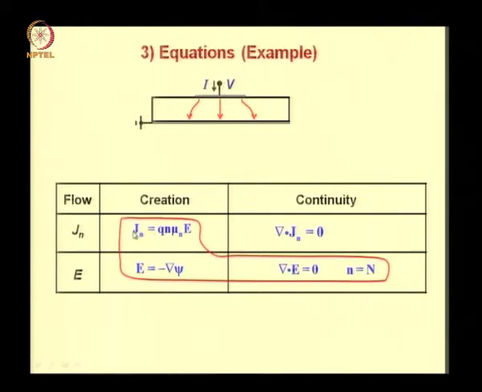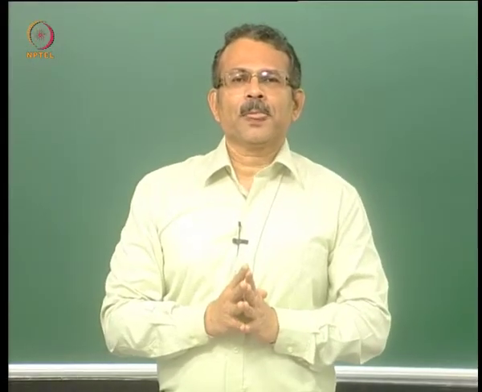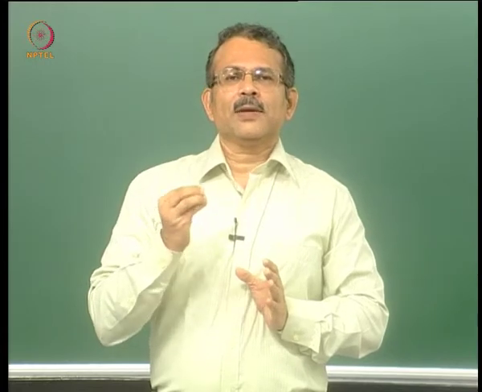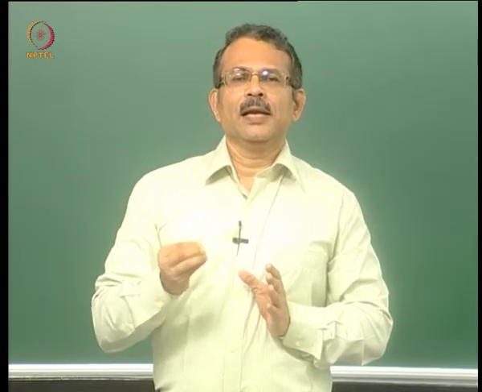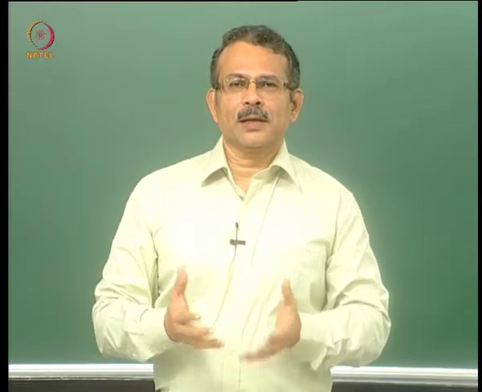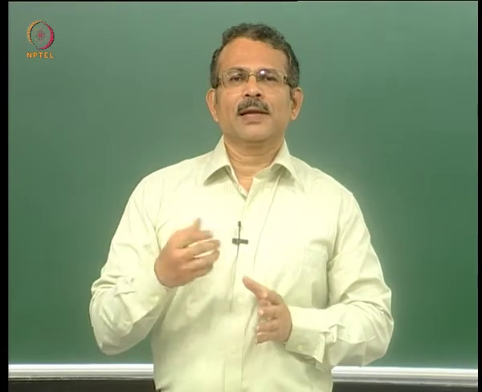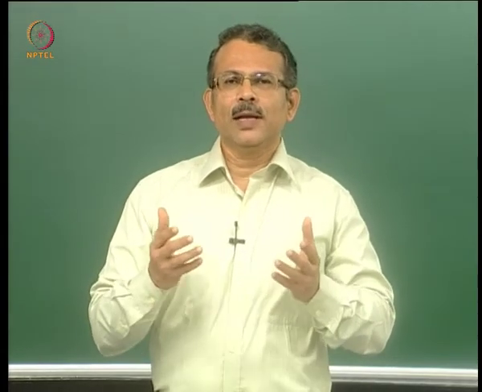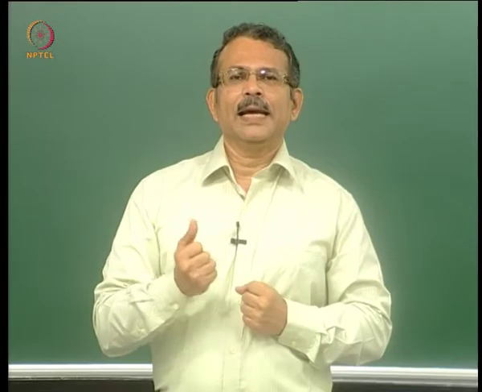Now let me explain how these equations are used. I can substitute E equal to minus grad psi into divergence of E, and I will get the equation del square psi equal to 0. So you will recall that we had said that in the drift diffusion model there are 3 coupled equations essentially in n, p and psi. So in this particular example of spreading resistance we have neglected the holes, therefore we have only 2 equations in n and psi.